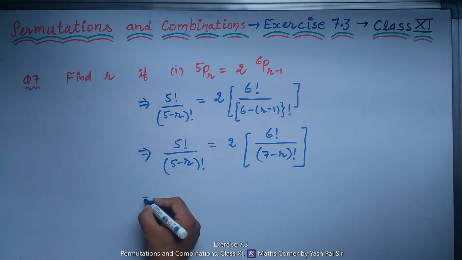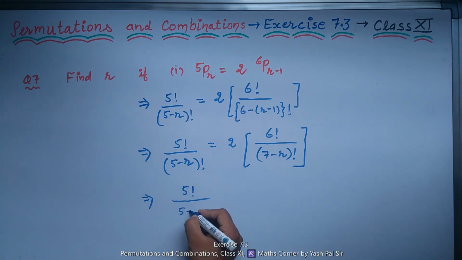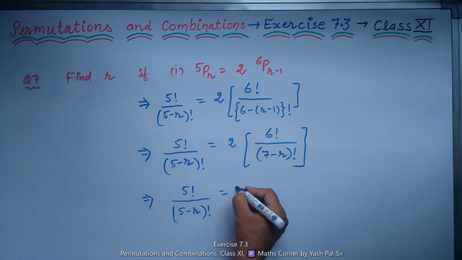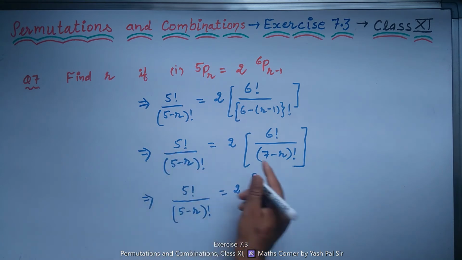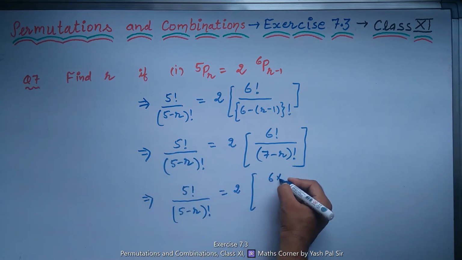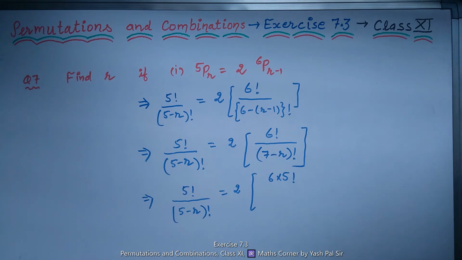Right? Now further we have 5! divided by (5 minus r)! is equal to 2 times 6!, and we write 6! as 6 into 5!. Why are we doing this? Because this 5! will get cancelled.